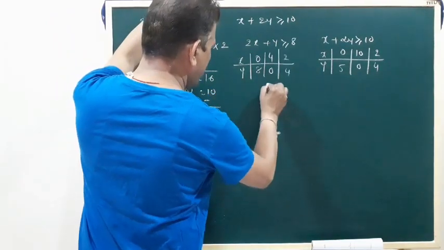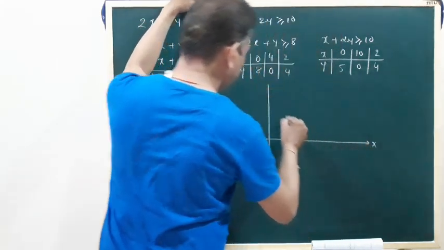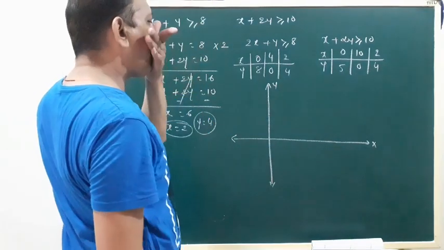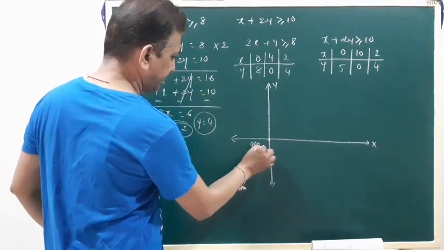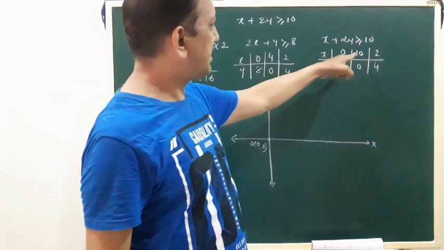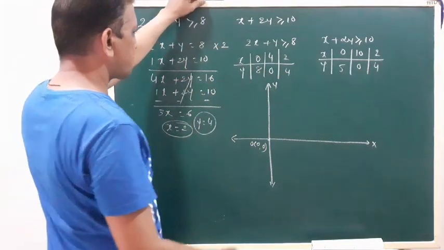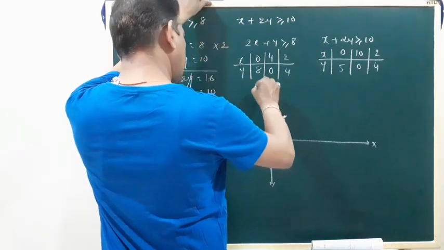It is not given, so we take the first quadrant. Here is the origin. Here the x maximum is 10 and the y maximum is 8. First we draw 4, 0, and 0, 8 is here.